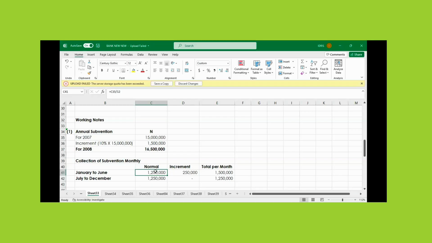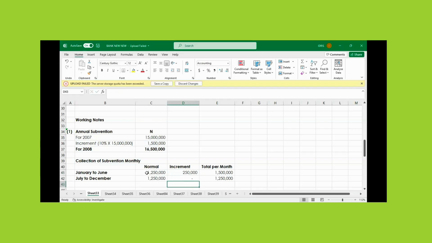The increment, 1.5 divided by 6, Abi? Yes, 250. Can we all see that? Yes, sir.